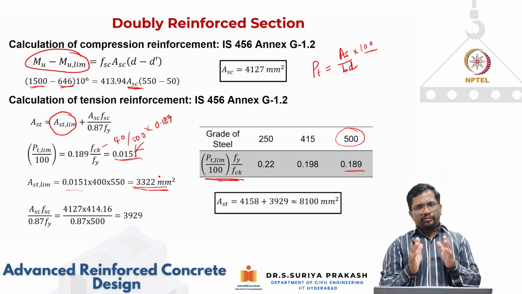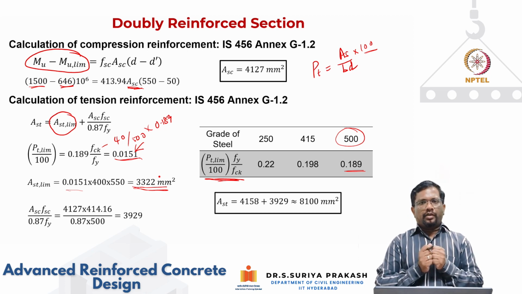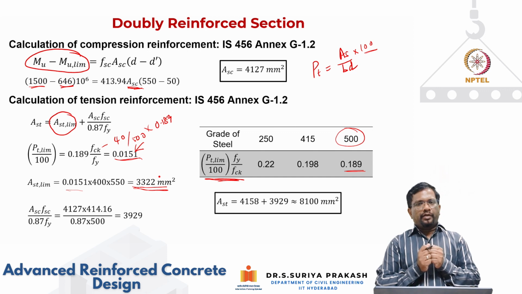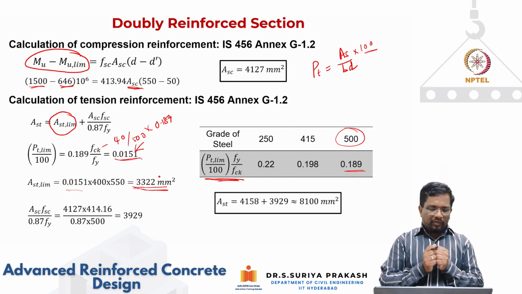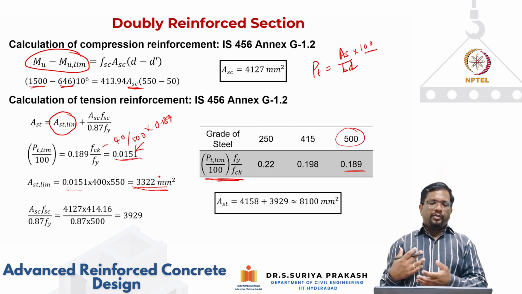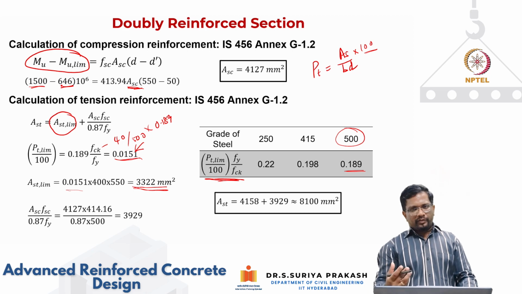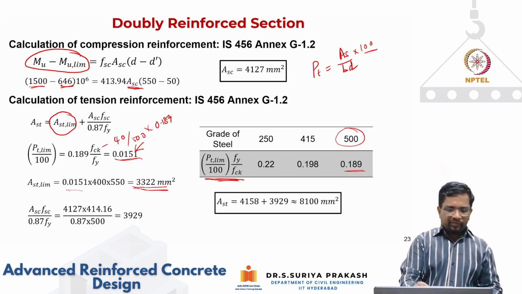That is the maximum steel that you can put to preserve steel yielding. But that is also going to give me only a limited moment resistance. That is, Mu limit is 646. Now my demand is 1500, so that additional thing I have to see.